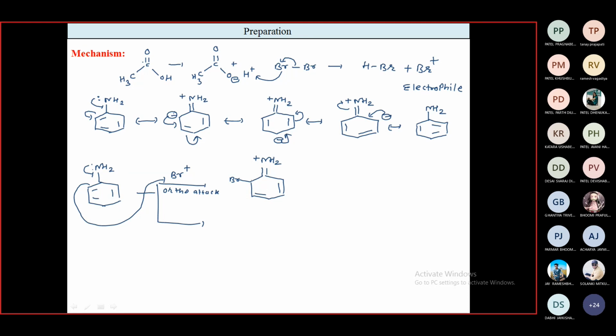Reaction at ortho position followed by deprotonation. So you are getting ortho product.